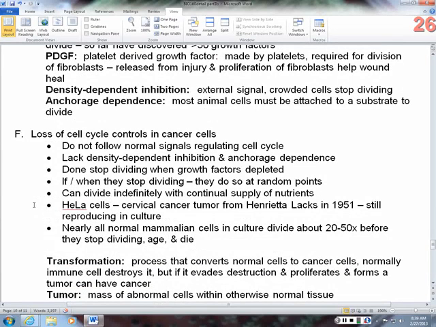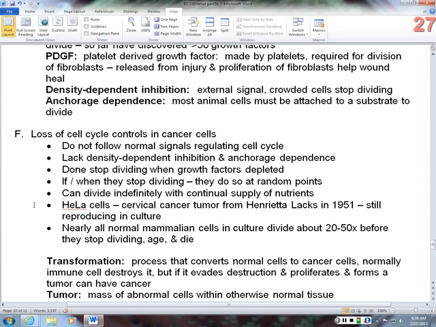That's one of the things that goes wrong in cancer cells: they don't necessarily have this anchorage dependence. That's what allows them to float to other areas and do metastasis or start new tumors. Most of your cells, if they aren't attached to something in a proper place to grow, can't start dividing until that happens.